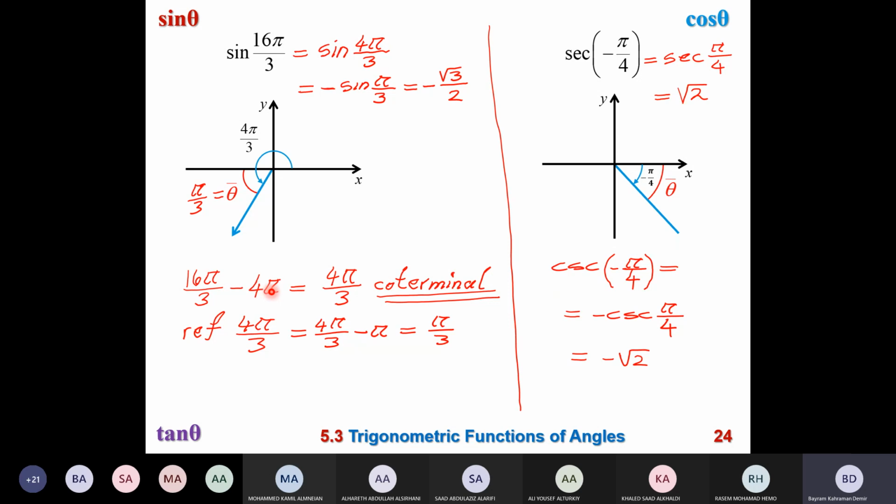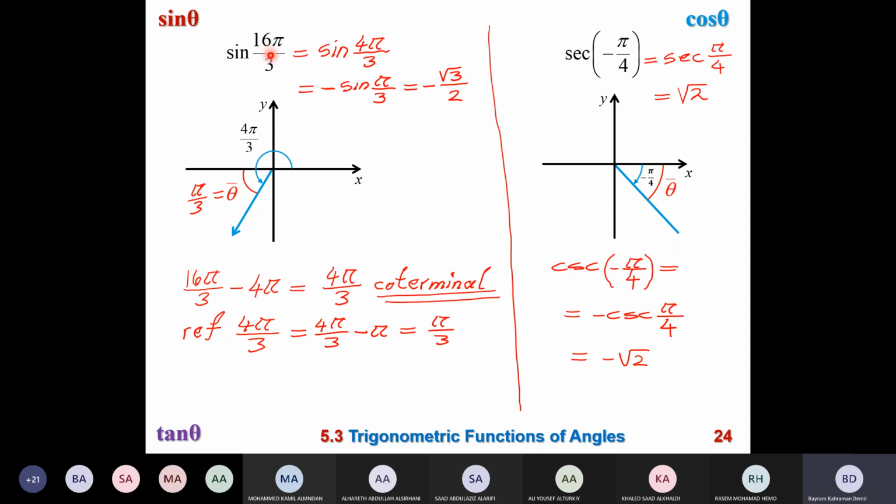I'm sure everybody remembers how to find the coterminal. 16 pi over 3 minus 4 pi will give you 4 pi over 3. So it is coterminal with 16 pi over 3. Therefore, sine of 16 pi over 3 is exactly the same as sine of the coterminal angle, 4 pi over 3.